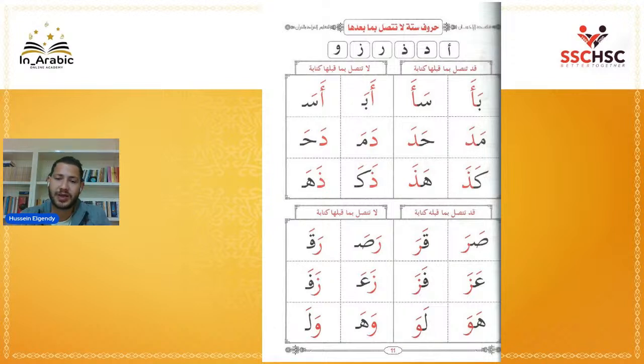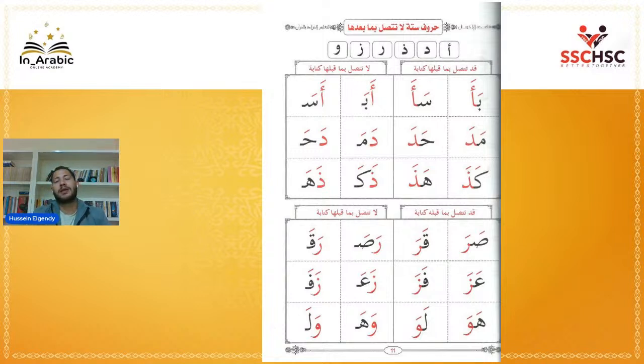On the left side, we have the same letter alif, but when it comes at the beginning, it cannot be connected to what comes after, as we just said. So we have alif with ba, and alif is not connected to ba. So in the case of ba before alif, it was connected, but in the case of alif before ba, it's not connected.